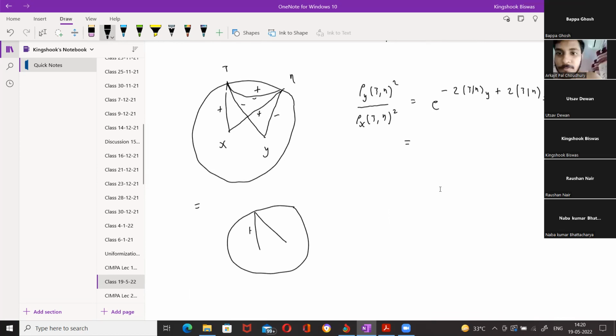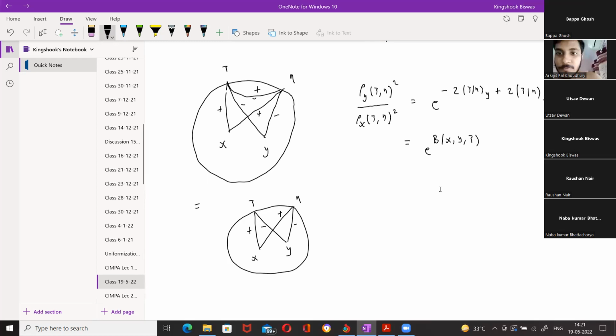This plus and this minus will cancel, and I'll have also a plus here and a minus here. So this is exactly this plus and this minus. This will be exactly the Busemann function (x, y, xi), right?